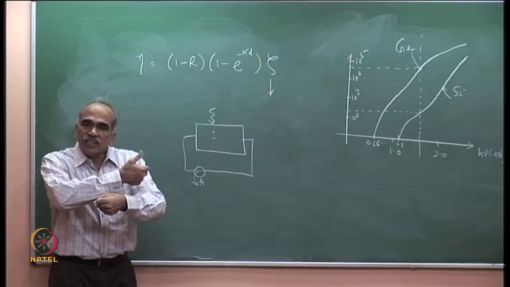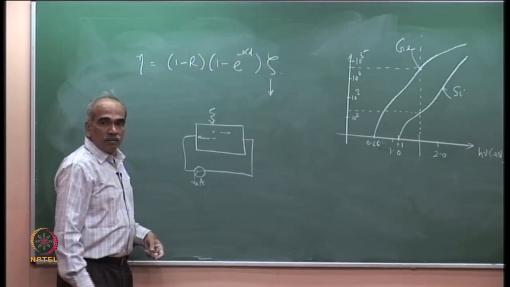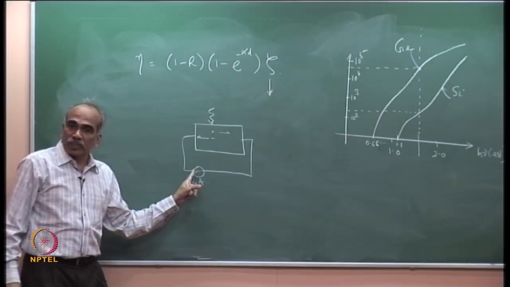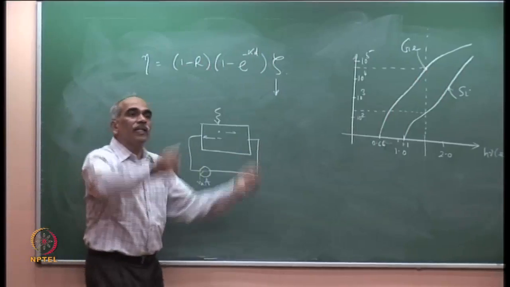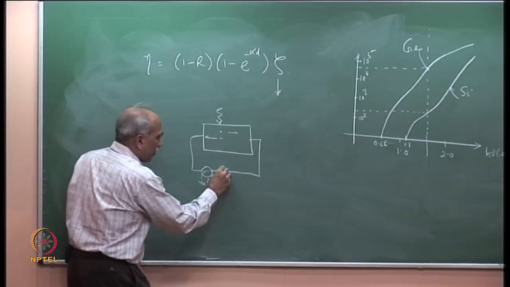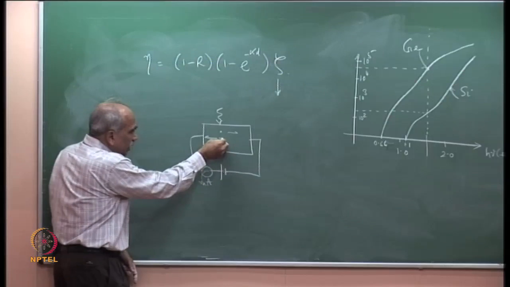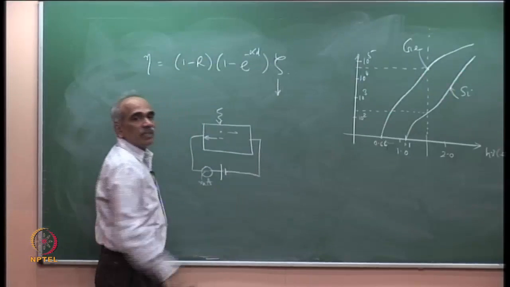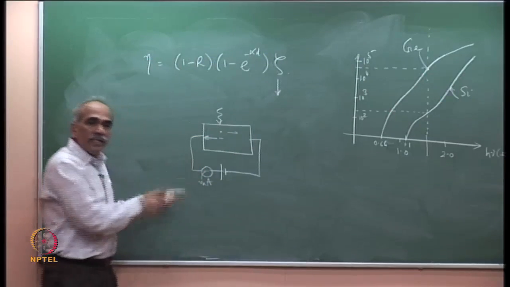There is nothing which is driving these. Only if you apply a potential from outside, if you connect it to a battery, if I put positive and negative here, then immediately the electron will travel here and hole will travel here. If they start traveling, then only there will be a current in the circuit.